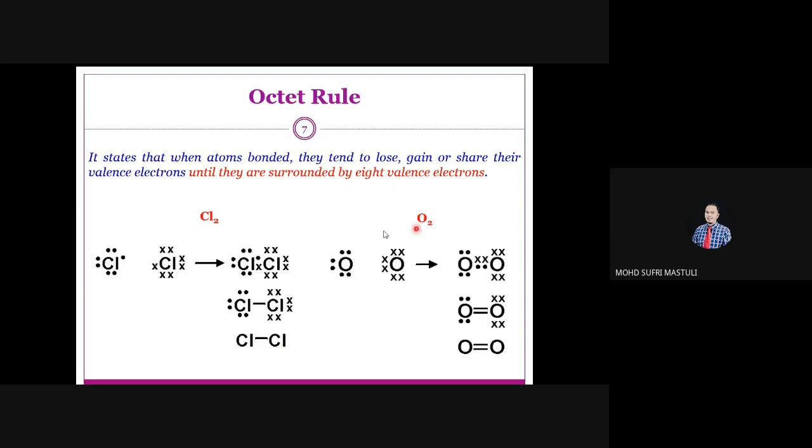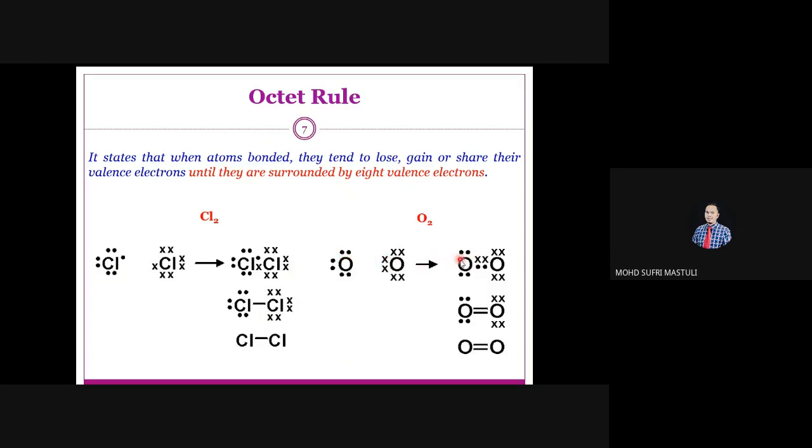Another example is oxygen. We know oxygen comes from group number 6. It has 6 valence electrons. In order to achieve 8 valence electrons, the 6 must share another 2 valence electrons from the neighbor. And also the second oxygen shares another 2 electrons from the first oxygen in order to become 8.